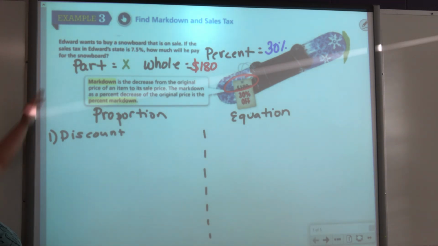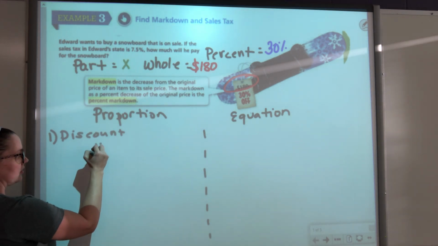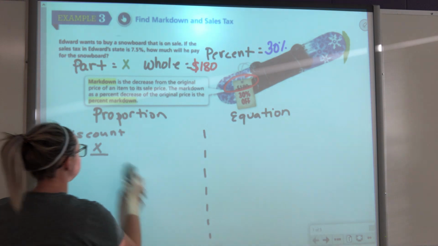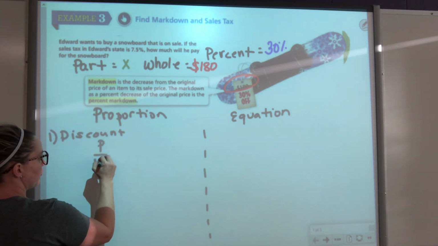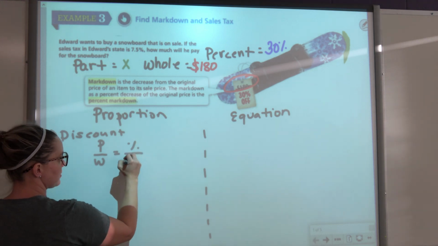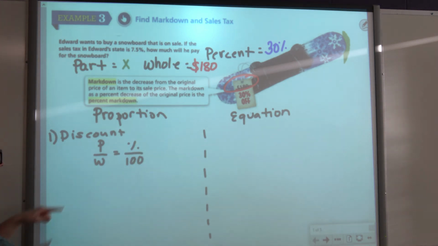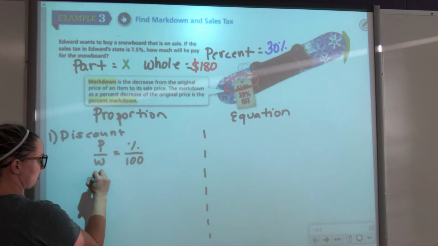So if we're going to use our percent proportion, part over whole equals the percent over 100. We don't know our part, so that's going to be our x.